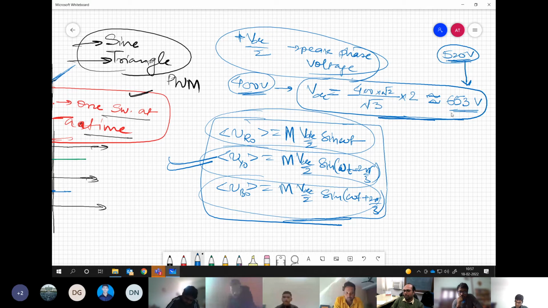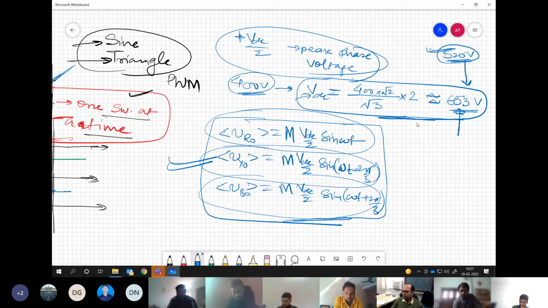If it is low switching frequency where it can generate a square wave, even 520 volts may be enough for a 400 volt motor. But the same converter may not be able to generate full voltage if you start operating with sine triangle PWM, because the DC bus requirement is now more. It is 653 volts. Understanding my point?